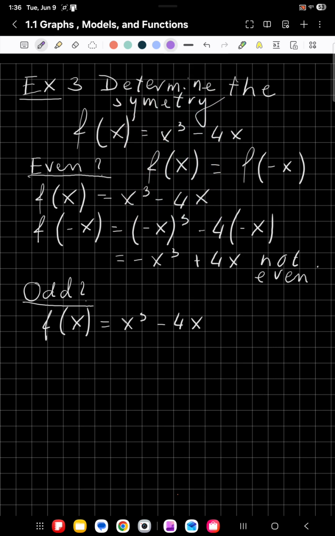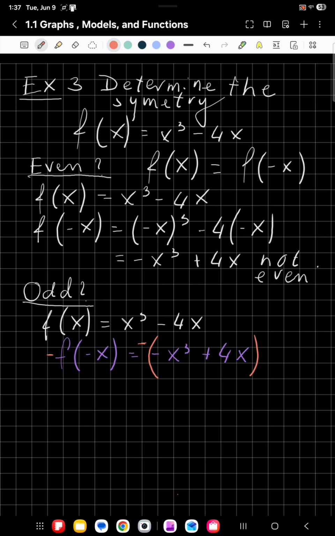So let's do f of negative x. Right, so that's this one. Negative x cubed plus 4x. Okay, and then what I need to do is take a negative, put it in front of it, and check whether, if I distribute this negative, I'm going to get the original function.